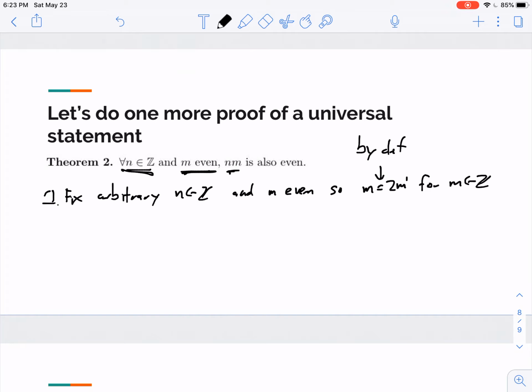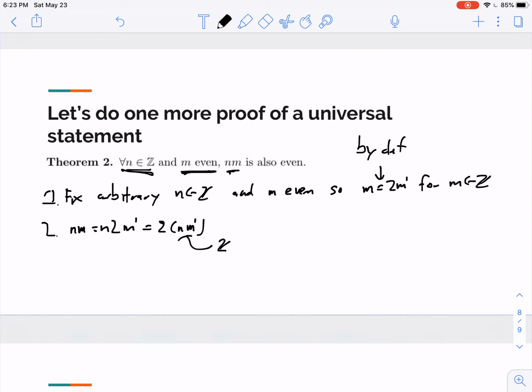So that means that their product, nm, and now this is step 2 where we're trying to prove the conclusion, equals n times 2 times m prime by substitution. And that's just 2 times n m prime. And these are both integers, so their product is also an integer. Again, this is just using high school facts that we know. When you multiply 2 integers together, you get another integer.